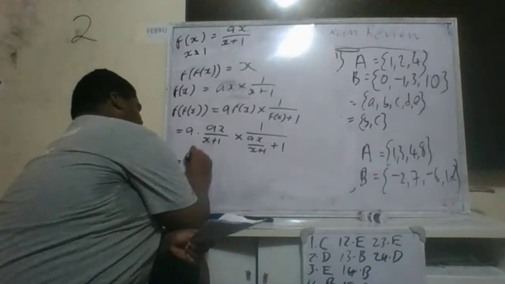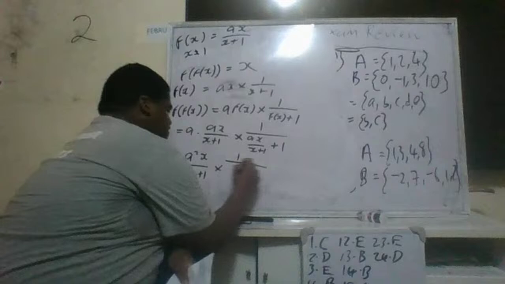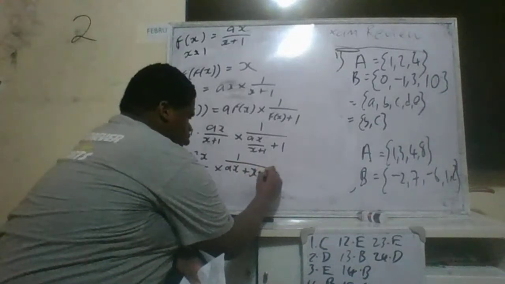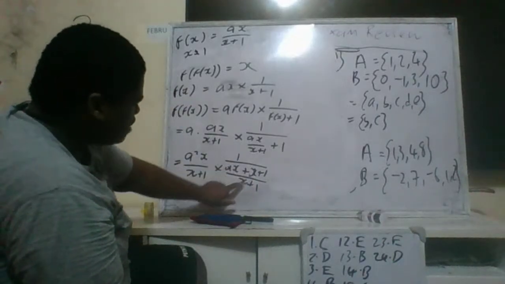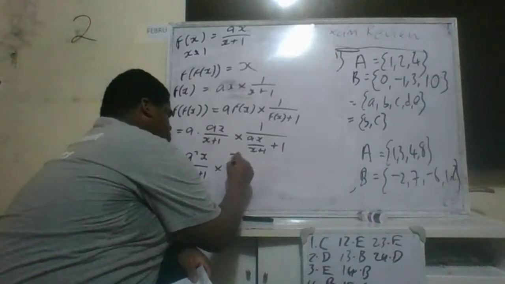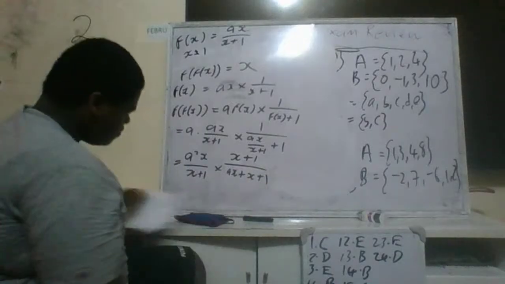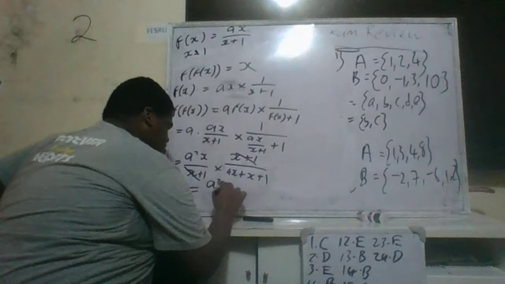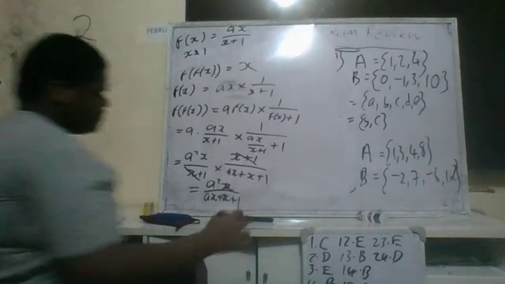This will simplify to a squared x divided by x plus 1 times 1 divided by ax plus x plus 1 divided by x plus 1. We can just simplify this to x plus 1 divided by ax plus x plus 1. x plus 1 multiplies x plus 1 here, and we have this is equal to a squared x divided by ax plus x plus 1.